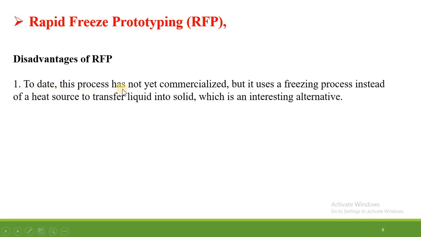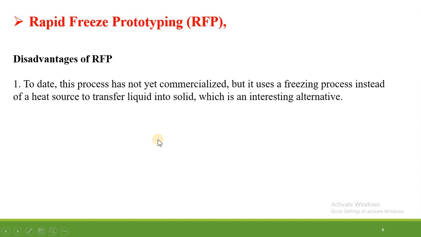Up to today, this process is not yet commercialized. So the main disadvantage is that this process is not yet commercialized, but it uses a freezing process instead of a heating source for transforming liquid into solid, which is an interesting alternative. In the previous liquid based prototyping techniques, we have seen that we convert liquid into solid by using heat.